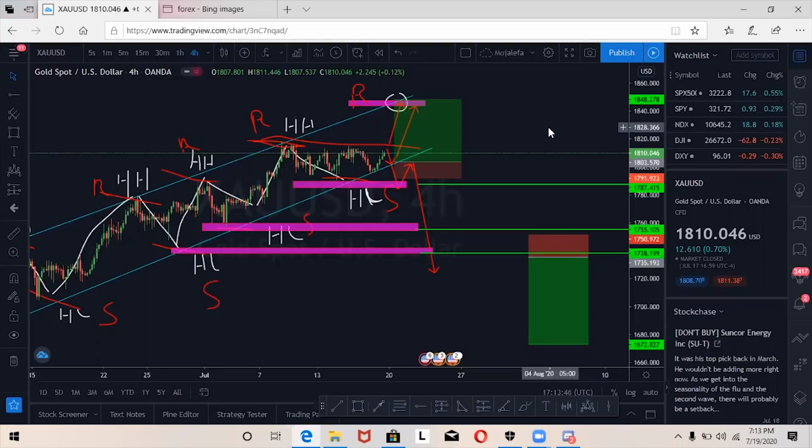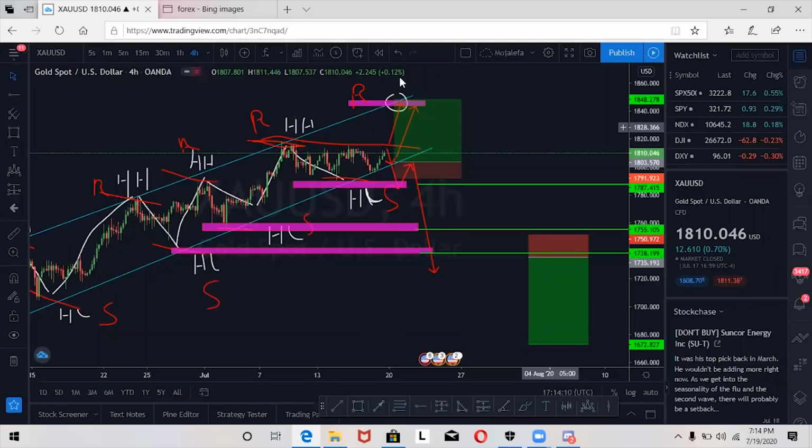Maybe I trade 1, 2, 3, sometimes 2, sometimes 1. But I always love to treat a setup where I'm sure it's going to go in my direction. And if I'm not sure, I'm just going to leave the setup. I'm very strict when it comes to entering the market.